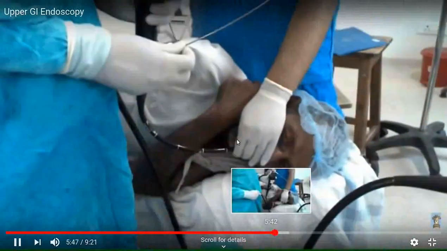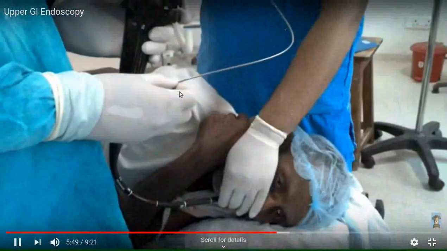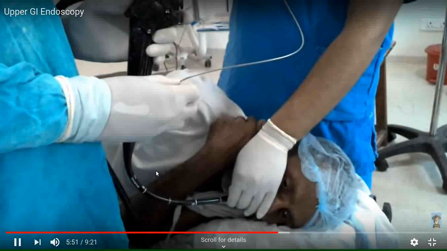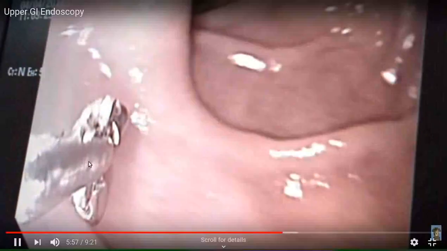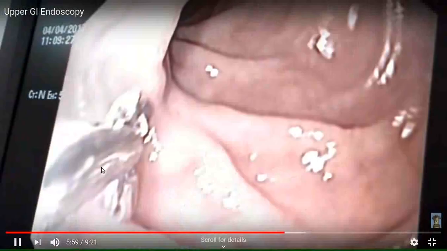You are seeing the stomach here, the rugae of the stomach, which you would have learned in anatomy, right? When you see the gross specimen of the stomach, you would observe those rugae.